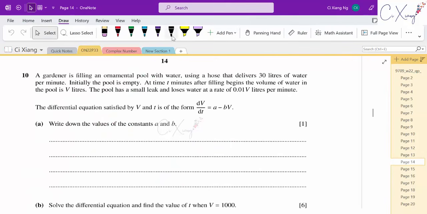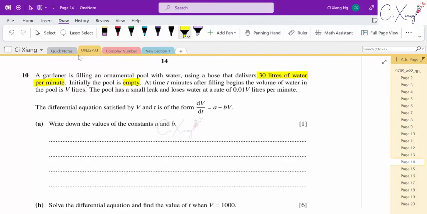Now we are at question number 10. There's a gardener filling an ornamental pool with water using a hose that delivers 30 liters of water per minute. So this is one important piece of information here, where the gardener fills the pool with 30 liters of water per minute. So this is actually a rate. Initially, the pool is empty, so this will be the initial value.